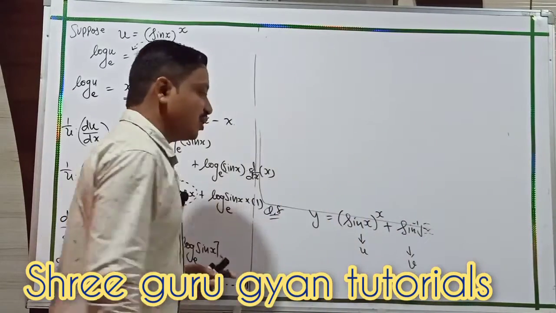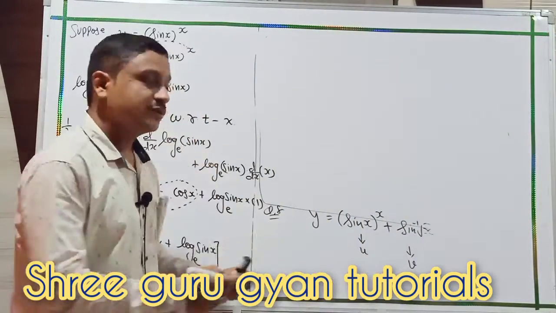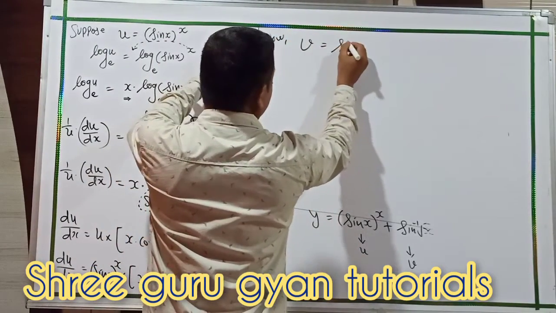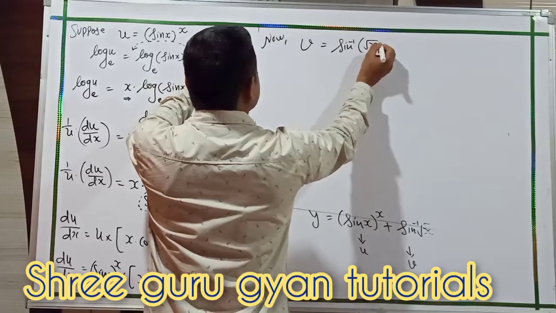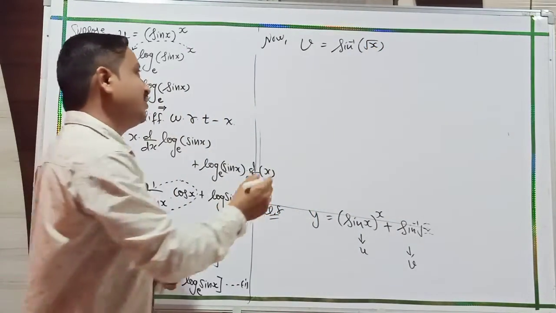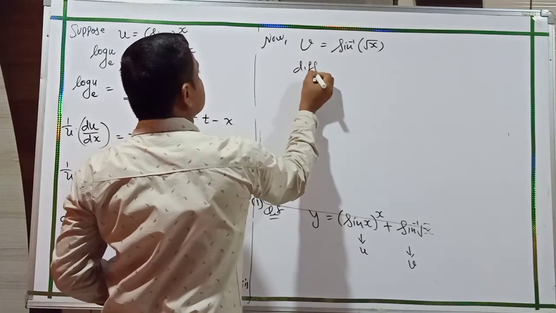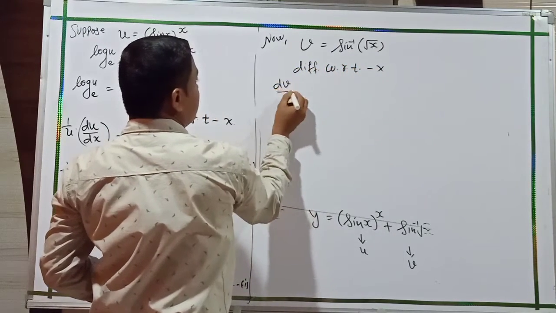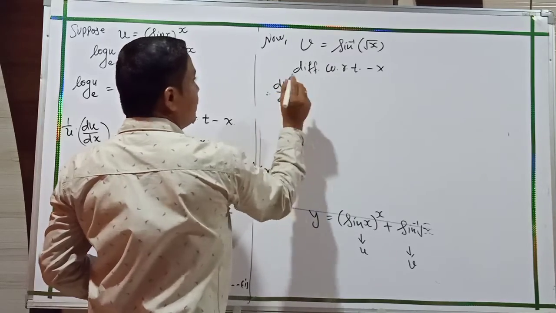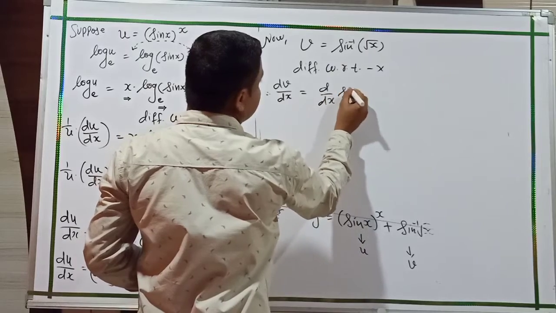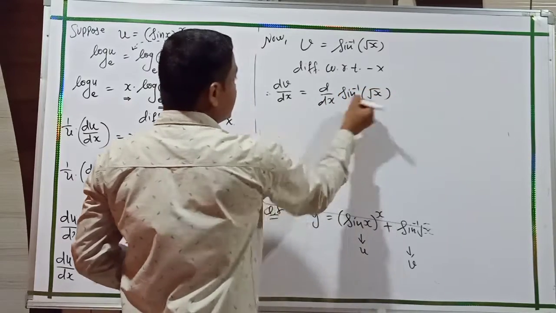Okay, now students, your v value is this. So now what is v? Sine inverse root x. Here we do not apply taking logarithm on both sides. It is a simple function. Differentiation with respect to x. So dv by dx, and here I take the chain rule, students.